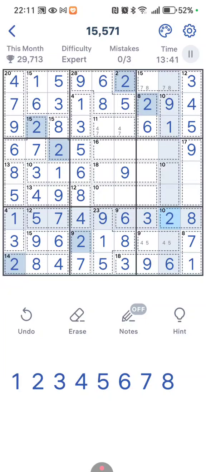So 1, there is there. 2, there and there. 3? Yeah. There and there. 4.